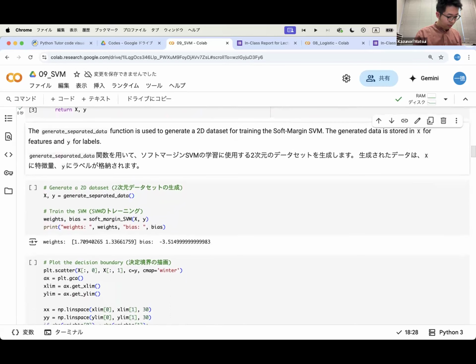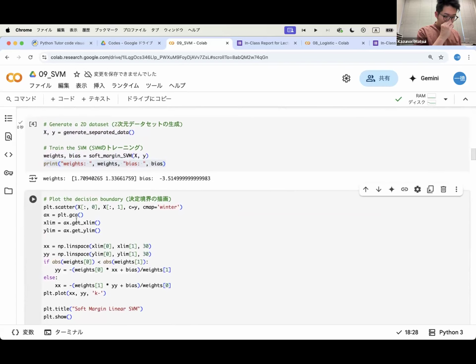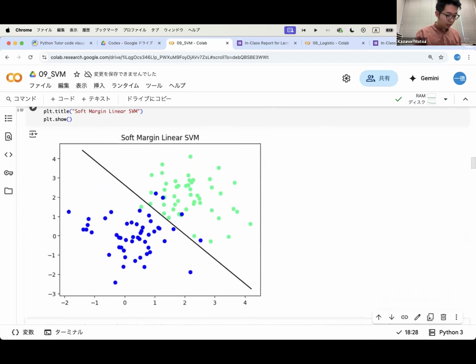When data is given, we train the support vector machine parameters and output the weights and bias. The calculation can actually be done like this. When we actually output it, the data comes out like this. We draw the decision boundary and run it from this form.